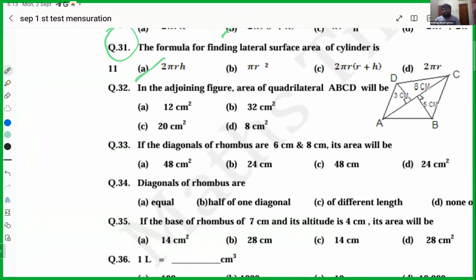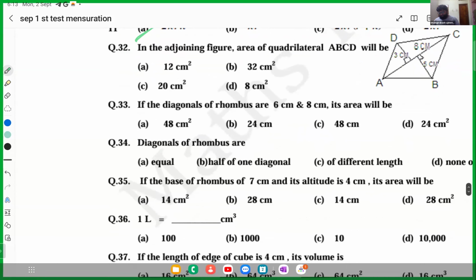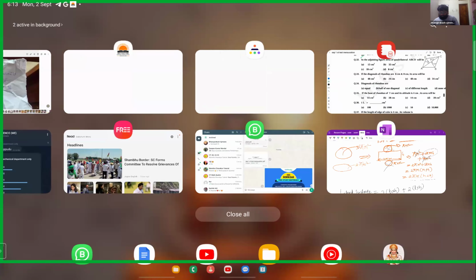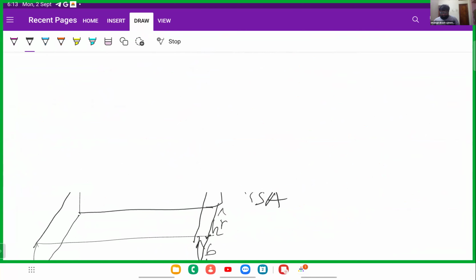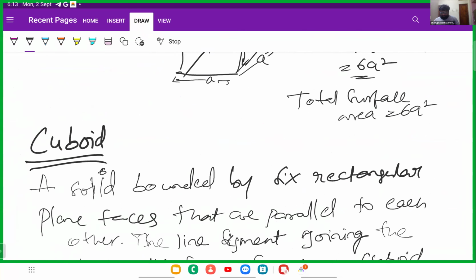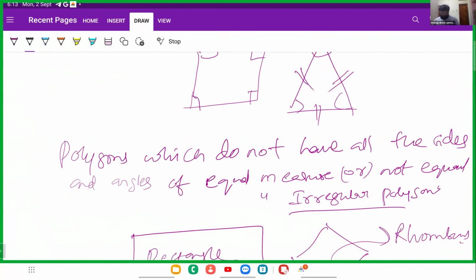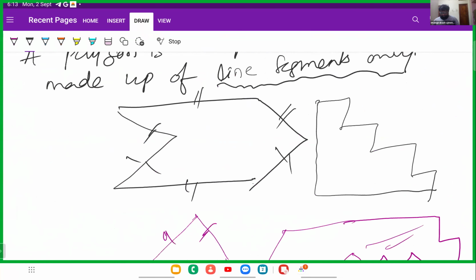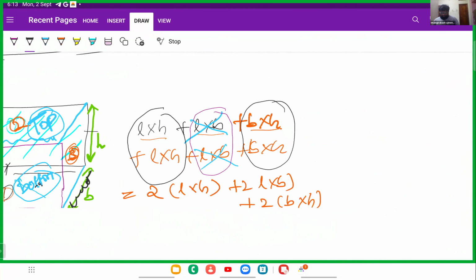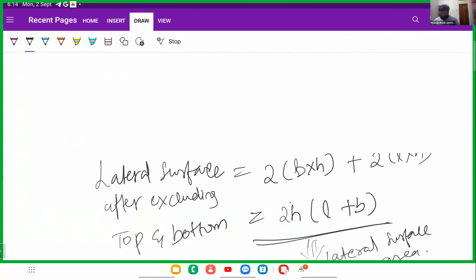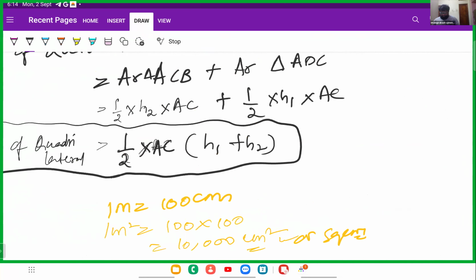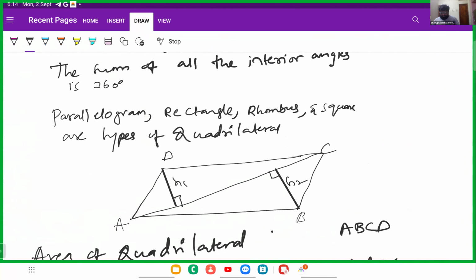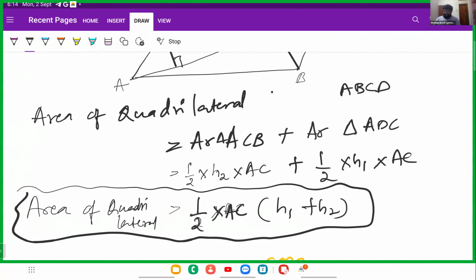I discussed what is the area of quadrilateral in the class. So what is the area of quadrilateral here?